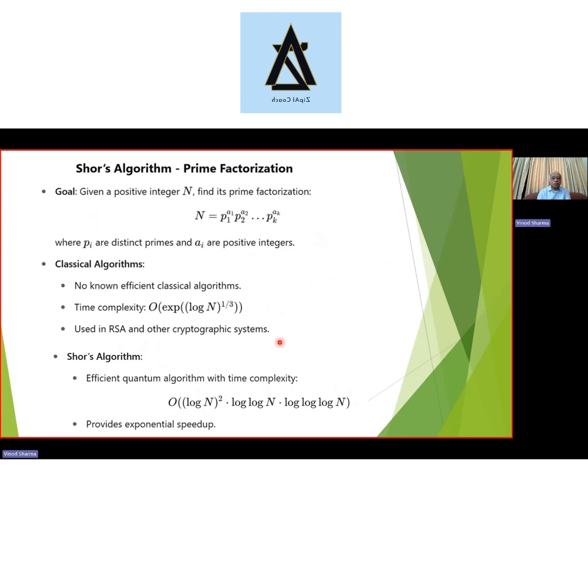Because in cryptography this fact was used, that you can't get the prime factors easily. If you have quantum computers large enough, you can do that very, very fast. And once you do that, we can break all the RSA and related cryptography schemes that are being used today. And this, of course, has very serious consequences. So now we explain what this Shor's algorithm is.